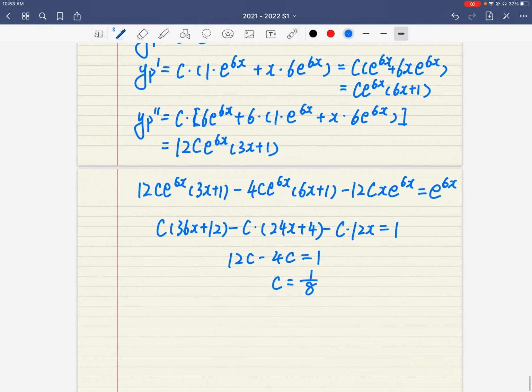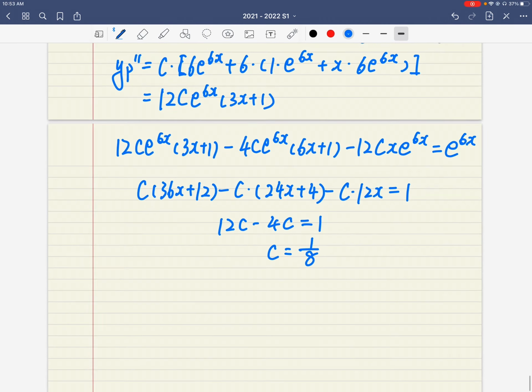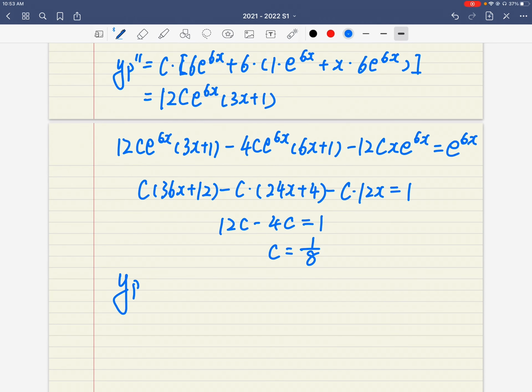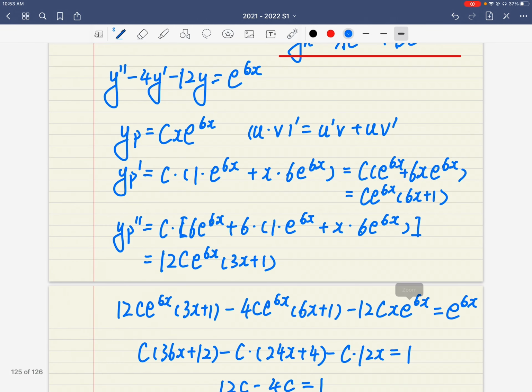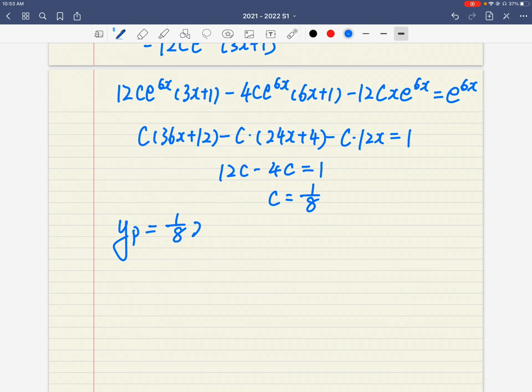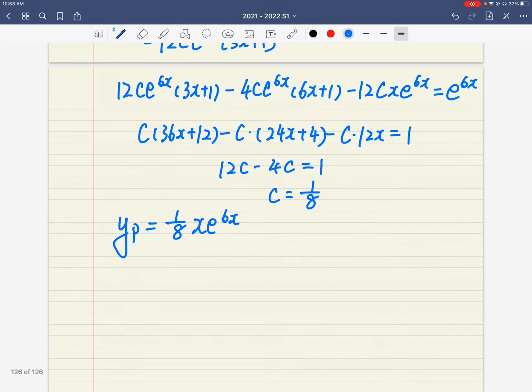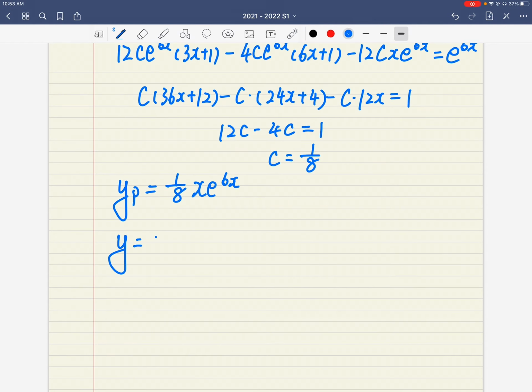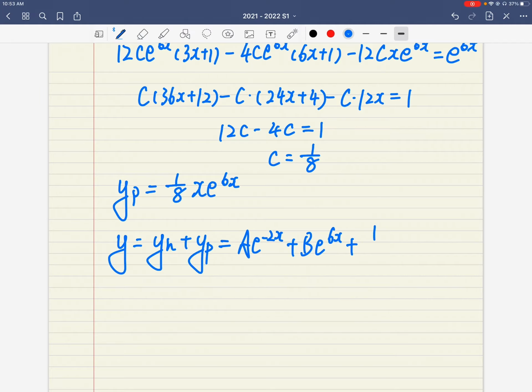Okay. Then the particular solution, after all the calculations, is just 1/8 x e to the power 6x. Okay. Then the final solution, y, is just yh plus yp, which is a e to the power negative 2x plus b e to the power 6x plus 1/8 x e to the power 6x.